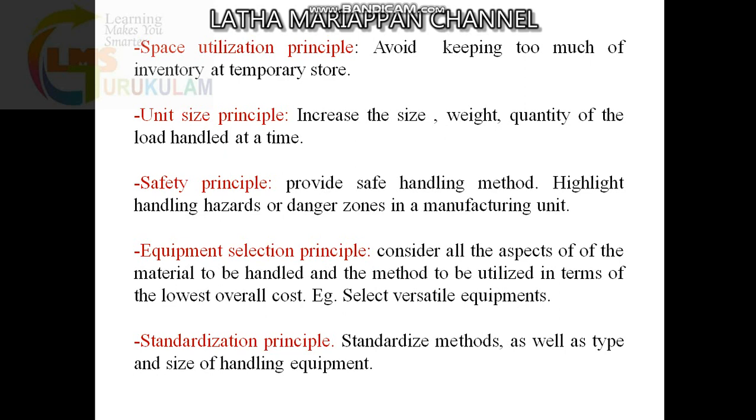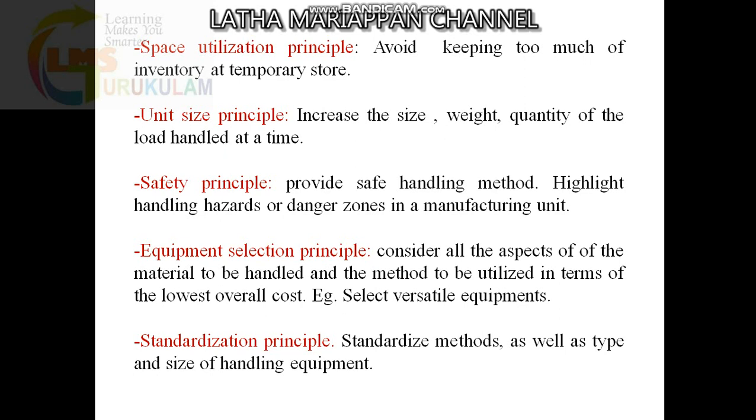Okay. Unit size principle: increase the size, weight, quantity of the load handled at a time. Okay. Safety principle: provide safe handling methods, highlight handling hazards or dangerous zones in a manufacturing unit.